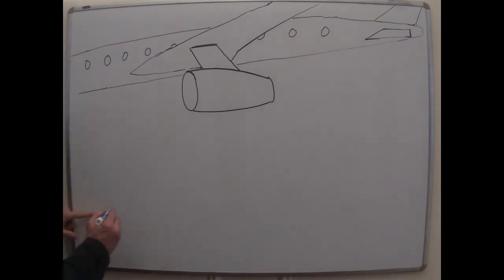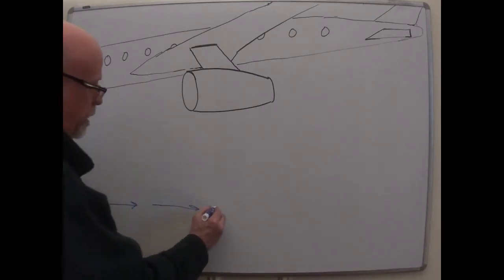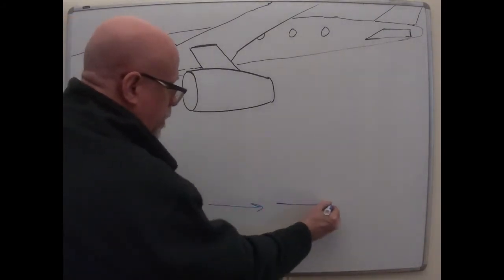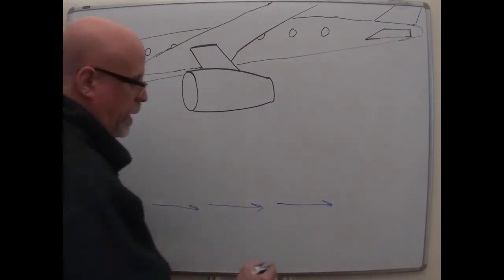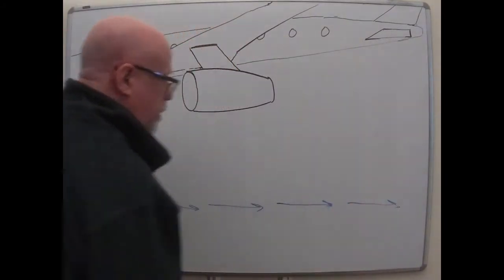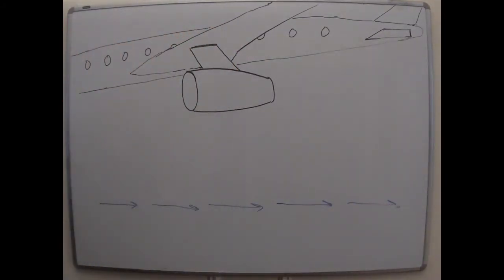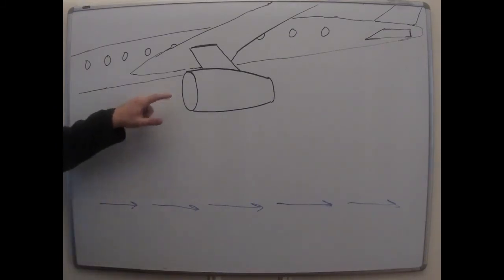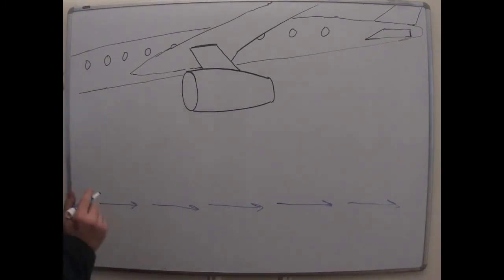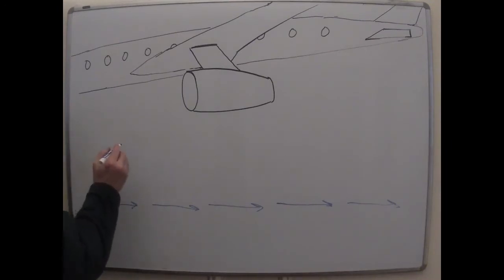Most places, at least far from the engines, the air is just flying along at a steady 500 miles an hour. So there are all these vectors that point towards the tail of the airplane that are 500 miles an hour long. But the vector field near this engine has a little bit different characteristic.